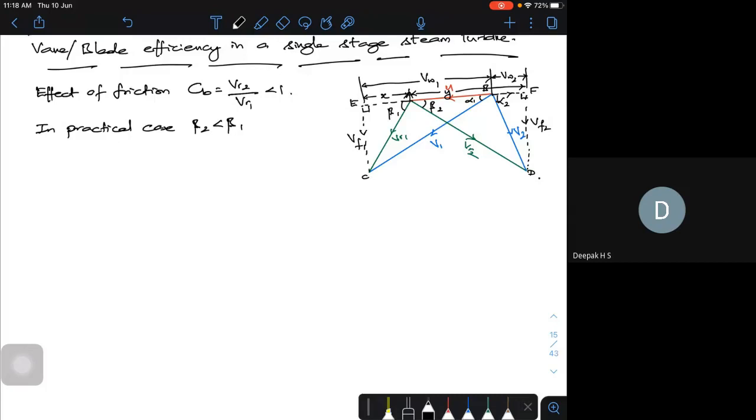Even though it is a pure impulse condition, only for your de Laval turbines is beta 1 equal to beta 2. So your beta 2 will be slightly lower than your beta 1. These are the two conditions which you have to consider.